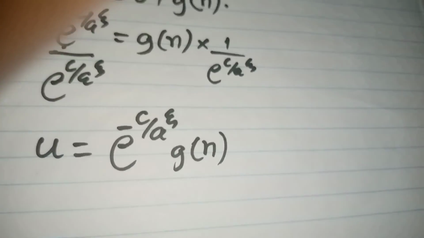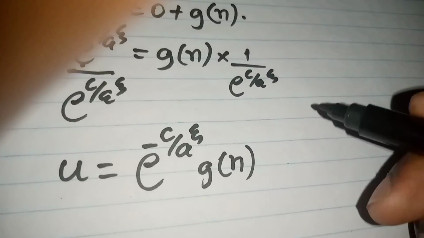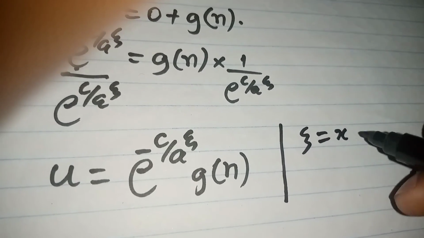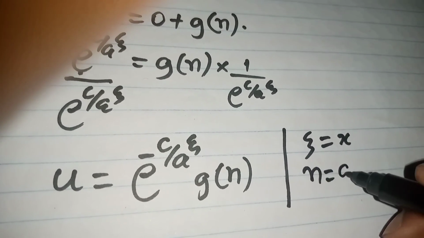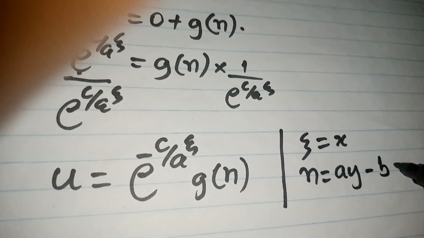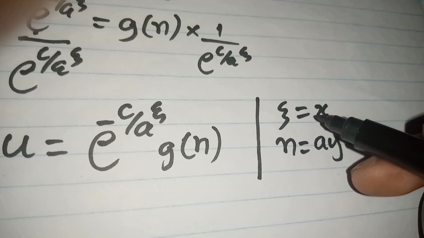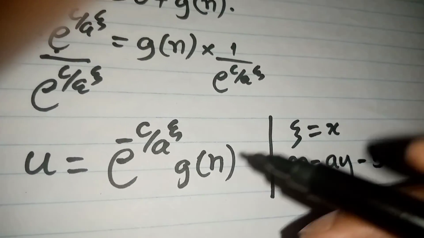But remember, previously we had let xi be x and nu be ay minus bx. So we are going to substitute the values of xi and nu in this case.